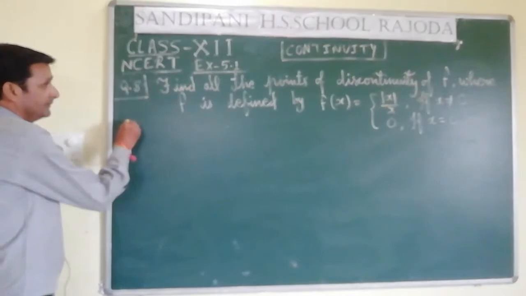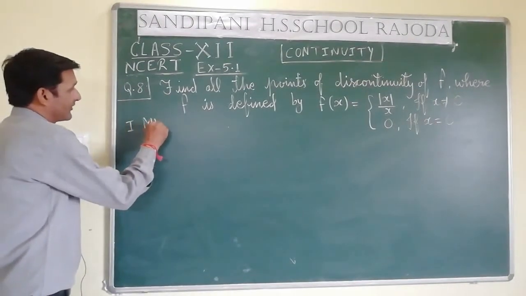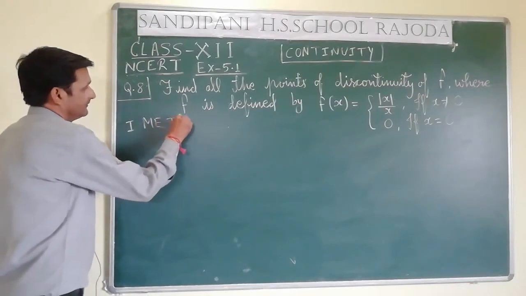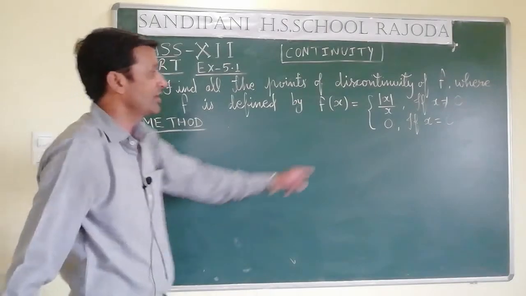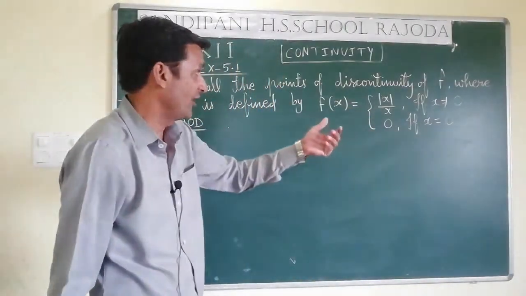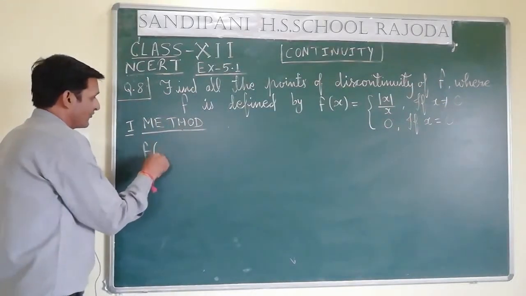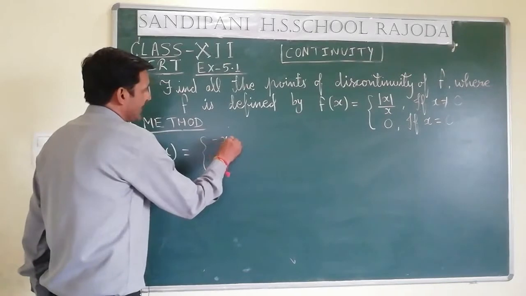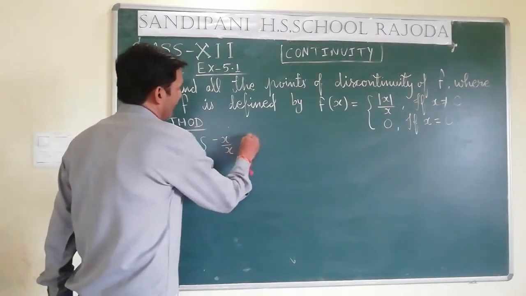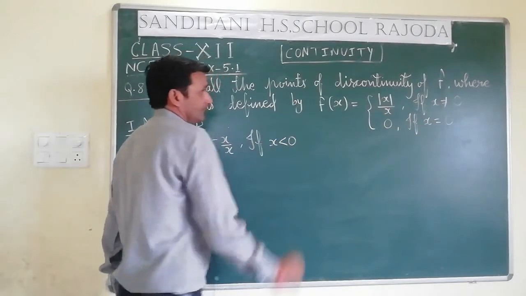So, now I am explaining it by two methods. First method: in the modulus case, if we are doing this type of function, we have to assign f of x is equal to minus x upon x if x is less than 0.